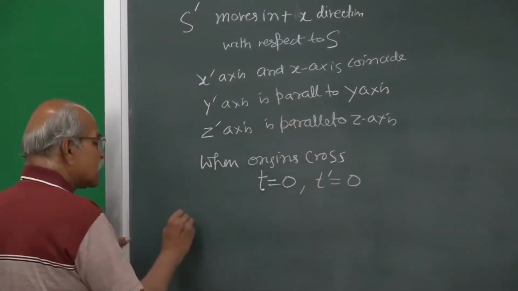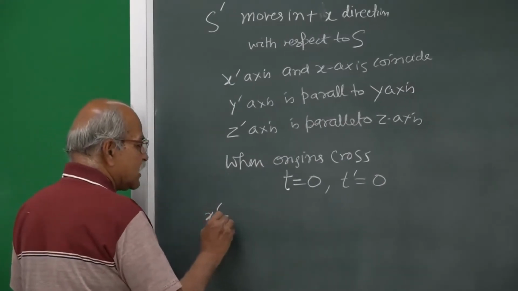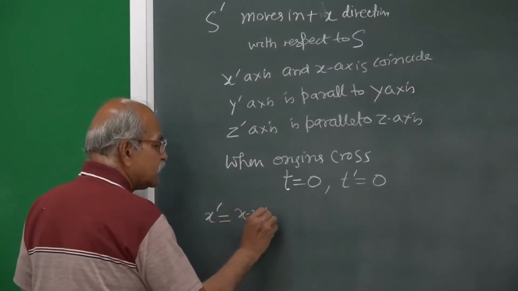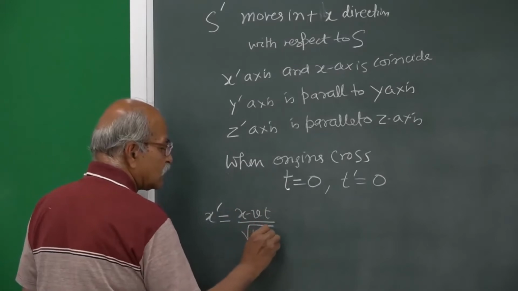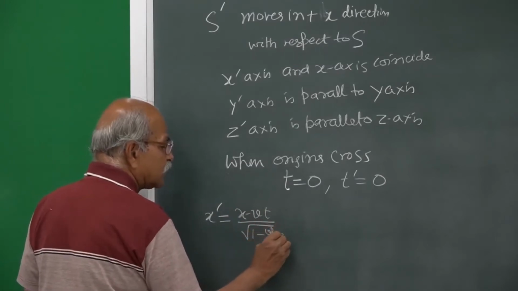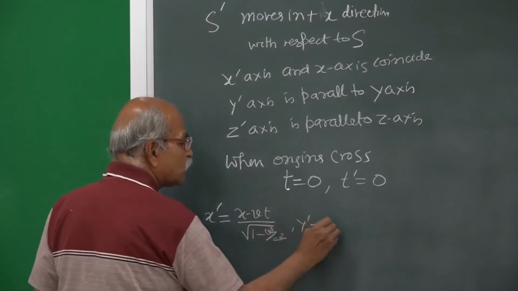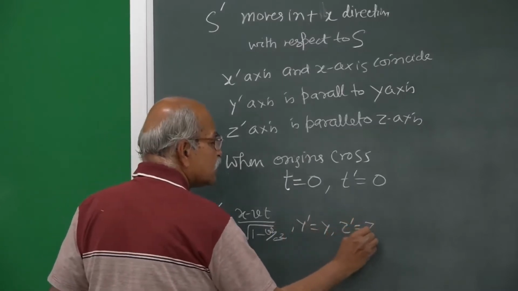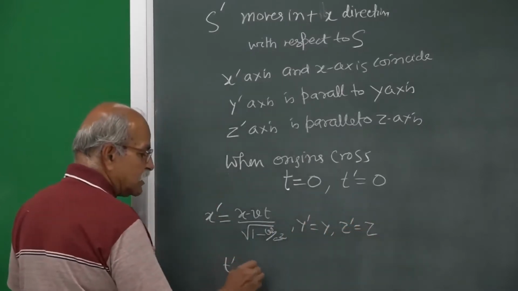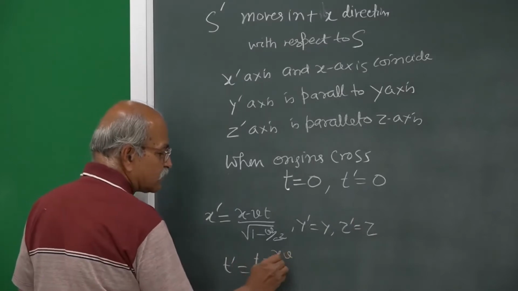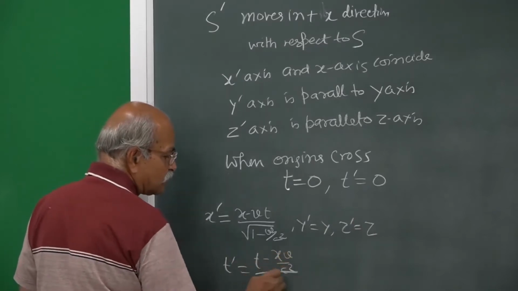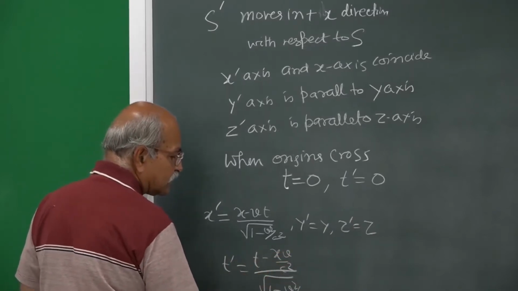The Lorentz transformation equations were x prime equal to x minus Vt. These were our equations, y prime is equal to y, z prime is equal to z, and t prime is equal to t minus x v by c square, over square root 1 minus v square by c square.